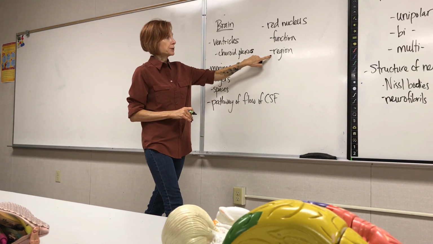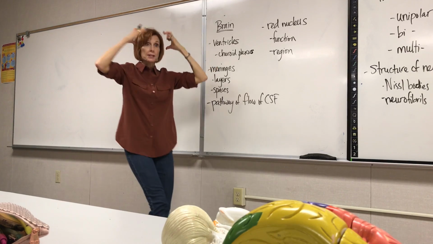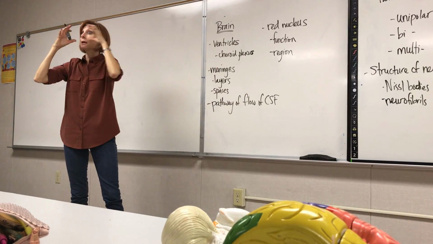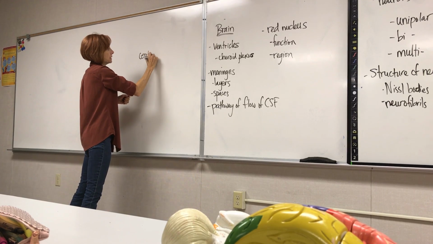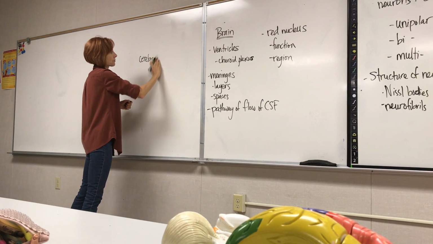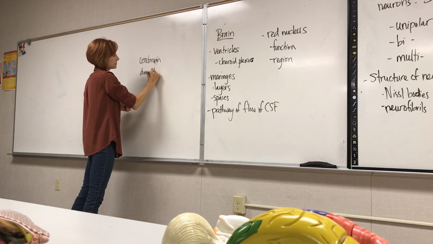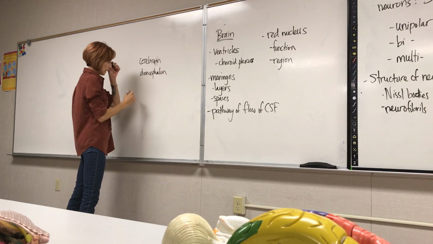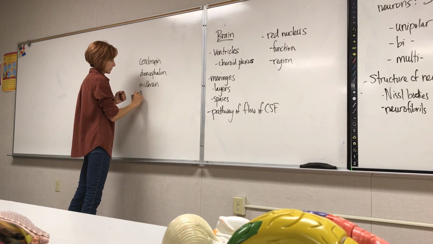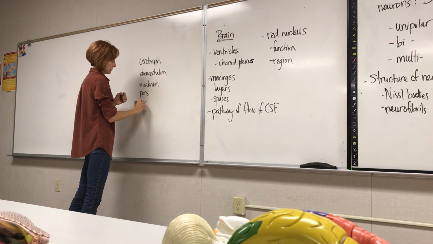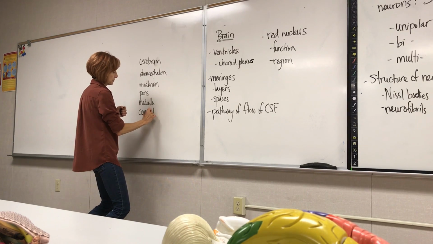Now as far as the brain region, what that means is we have these major parts of the brain like the cerebrum, the diencephalon, right? The brain regions would be the cerebrum, okay, the diencephalon, the midbrain, pons, medulla, and cerebellum.